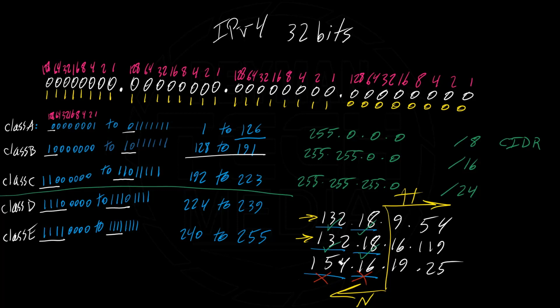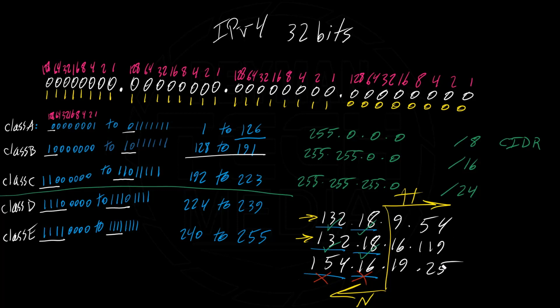Or if we had 132 and a different number here, still wouldn't be matched, because both octets must be matched. So it has to be 132.18 to be considered on the same network. And here we can see the host portions are unique. So these two IP addresses are class B on the same network, with unique IP addresses for the host, so they can communicate.